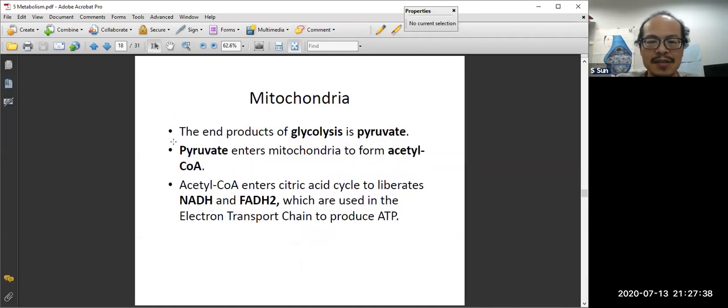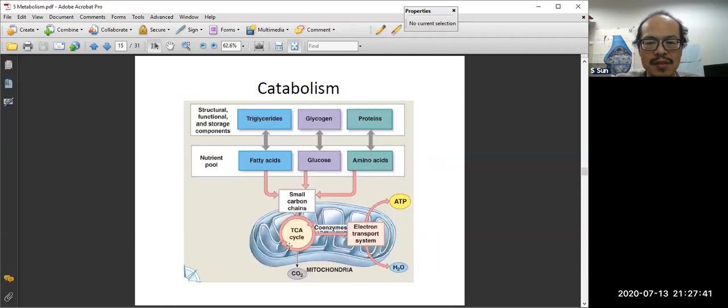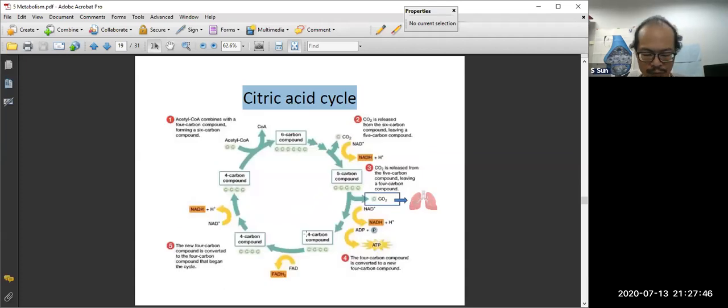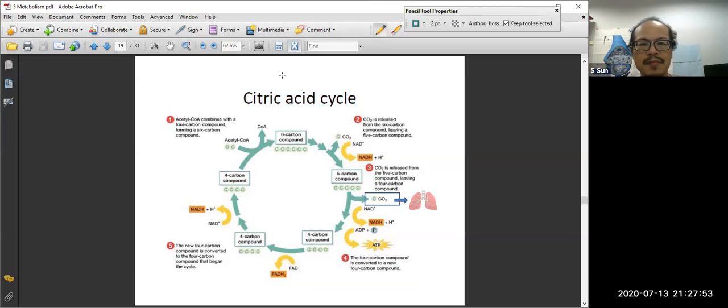This is a cycle of this one here, and the entering molecule is this one here. The citric acid cycle produces NADH and FADH2. To go through this cycle, the entering molecule is the acetyl-CoA. So this is one.